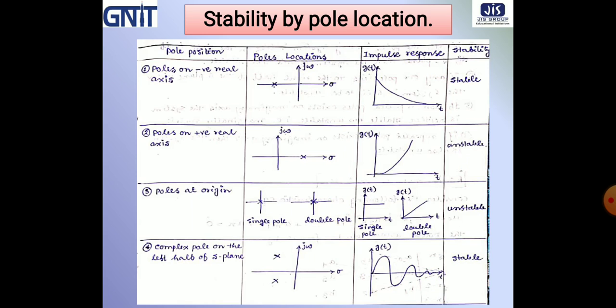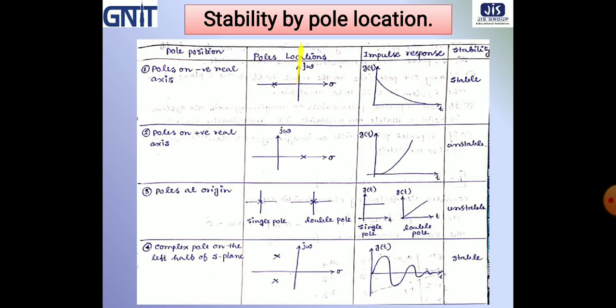Here is our stability by pole allocation problem. Now we just vary the pole positions. At first, that is our first condition, when poles are on the negative real axis. That is our pole's location.